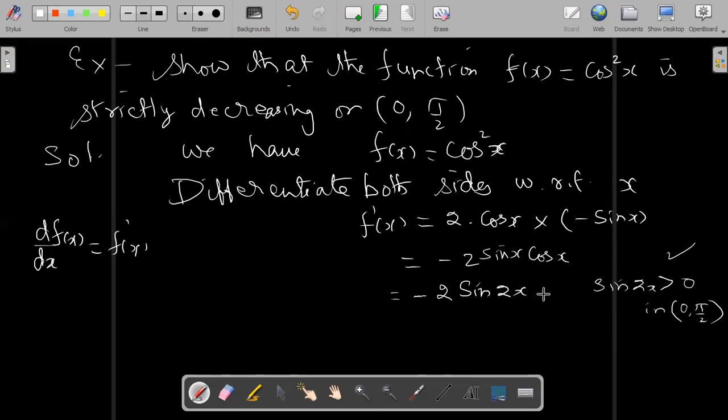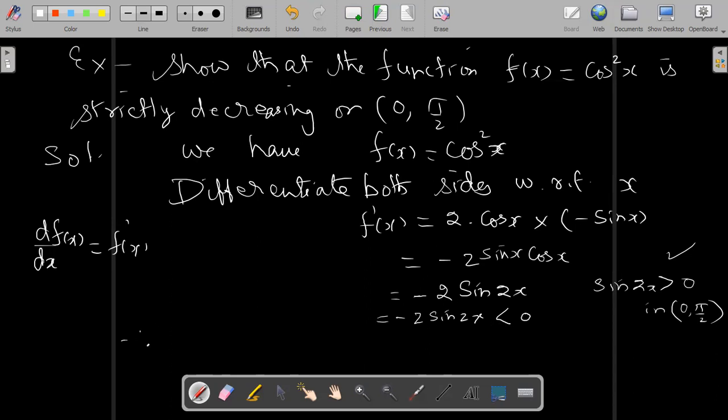That means this total value will be minus 2 sin 2x, which will be less than 0, because the overall result will be negative. So f dash x is less than 0, means negative, which means it is a strictly decreasing function.